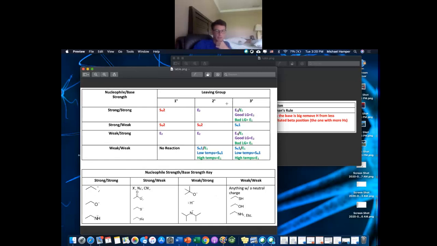So again, look at the leaving group, classify it, look at what nucleophile there is, classify it, and piece it together. So we know that this is a secondary leaving group. We are using sodium methoxide, which is here. And so we know that it is strong, secondary, E2. Simple as that.